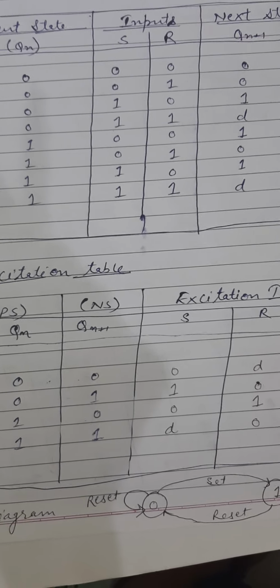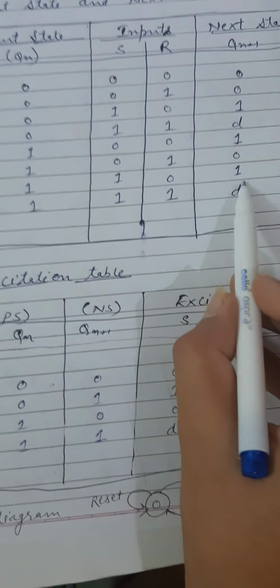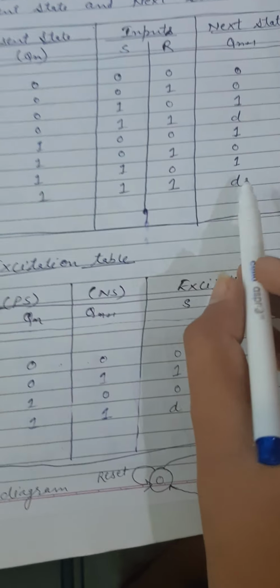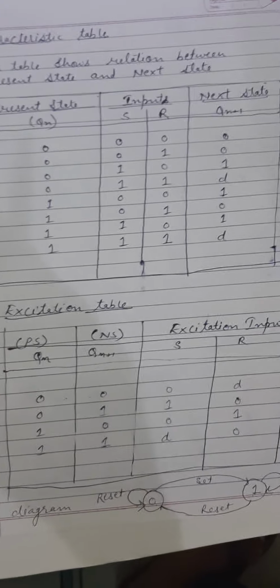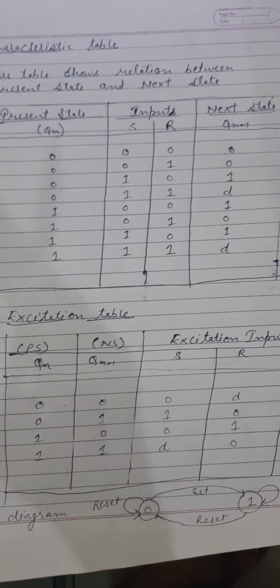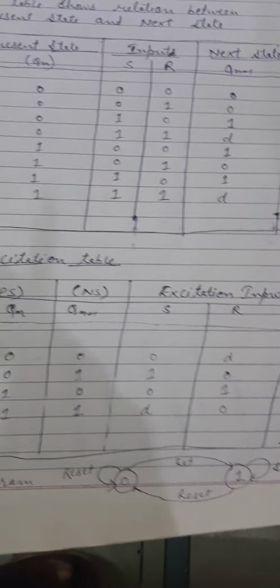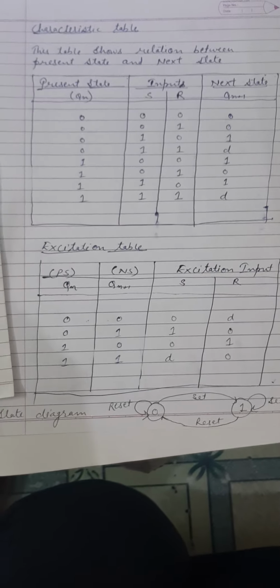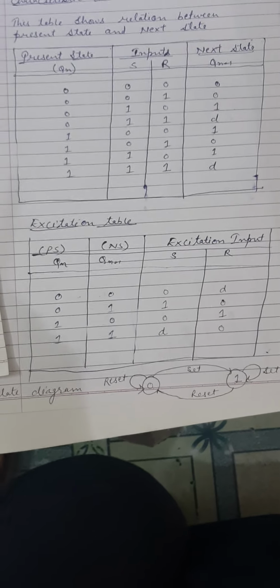When the inputs SR are 1 0, then Qn plus 1 is 1, and for the last one, when SR is equal to 1 1, the output is D. So the characteristic table is constructed by using the truth table. Okay, now the next one is the excitation table. In the excitation table, we are using the present state and next state and writing the excitation inputs, that are S and R.